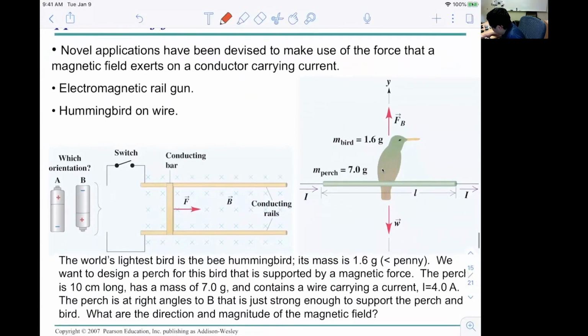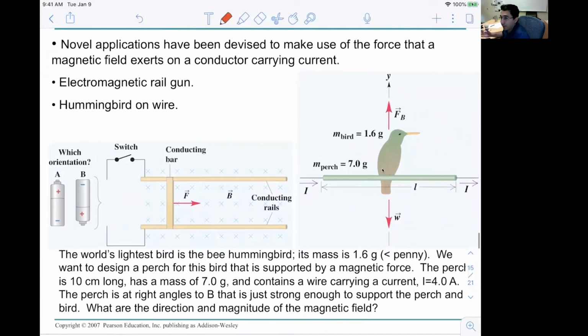So there are a couple of examples of how you can calculate the force, just the kind of problem to understand this concept. You have a rail gun, and this is the first problem.